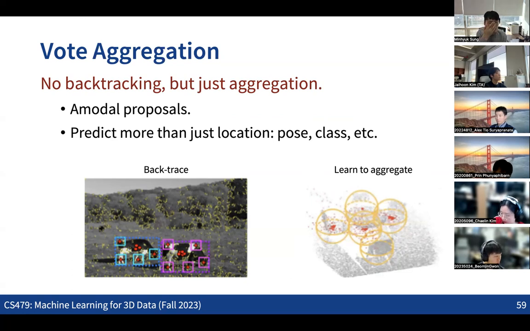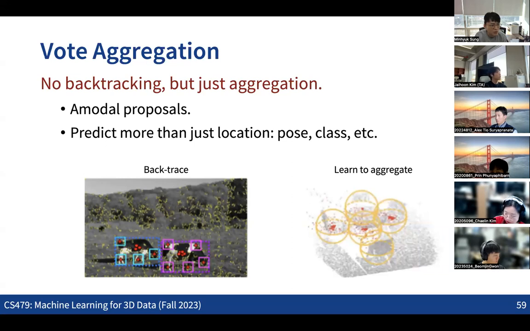So even when you get all the local patch information that is contributing to each of the peak points, this is not giving the information for the bounding box of the complete object, right? So that's why we are not applying the back tracing in this case. And we also want to get some additional information like the poses and the classes, whatever kind of things. So for that, we're just aggregating all the votes without the back tracing.